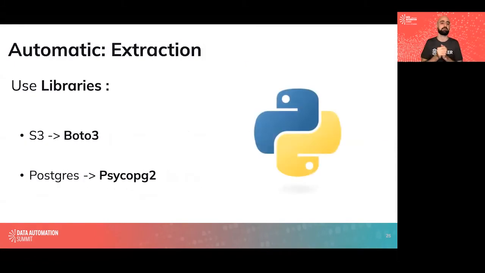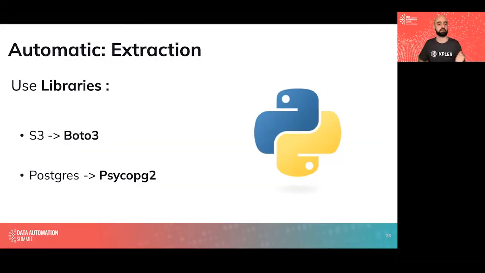So let's say these steps can actually be automated, and that's the way they should be done in order to avoid these issues later on. First of all, the extraction should be automated, and there are libraries. Here I say Python libraries because they are the ones that I'm used to, but there are many out there.